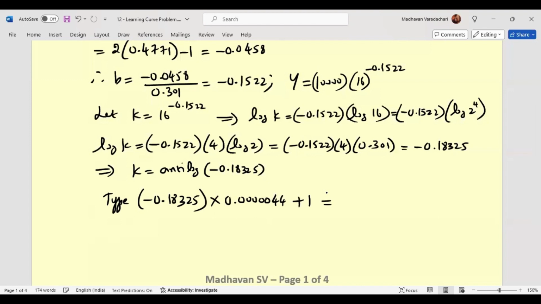We will get a result as 0.999999, that is 6 nines and then a 2. Then we will press equal to 19 times in the regular calculator. If we do that, we will get 0.655255 as the result.